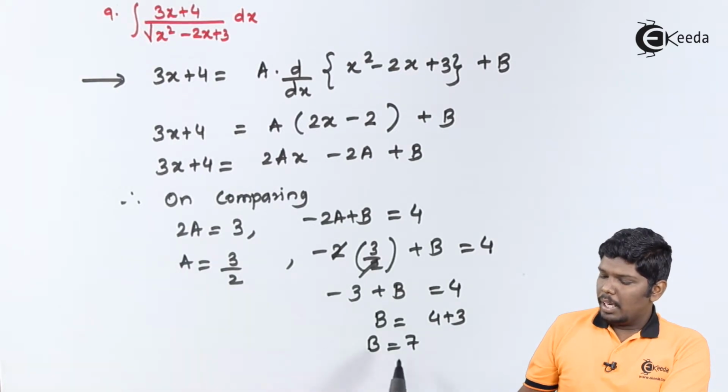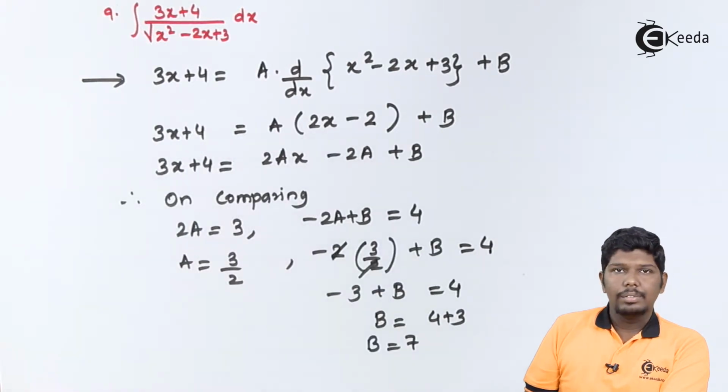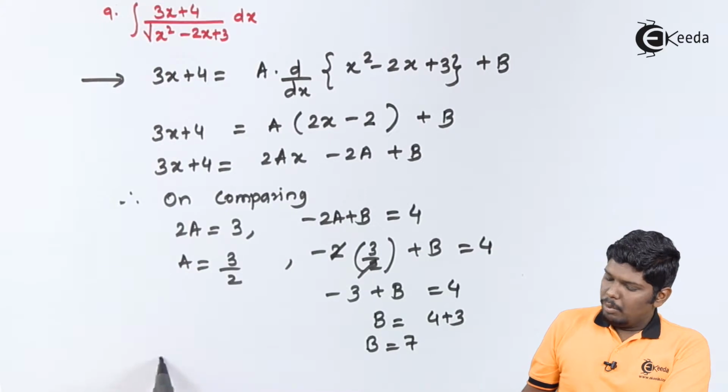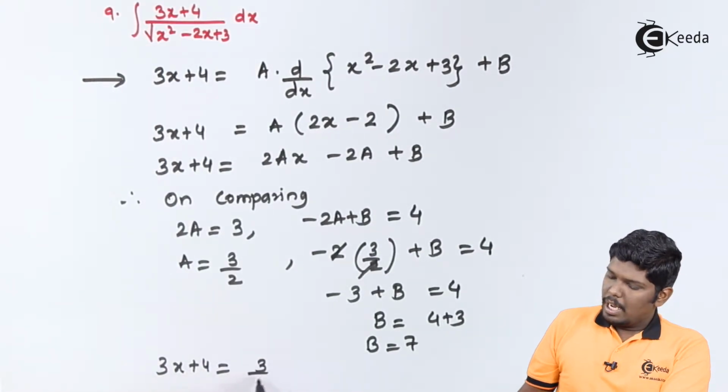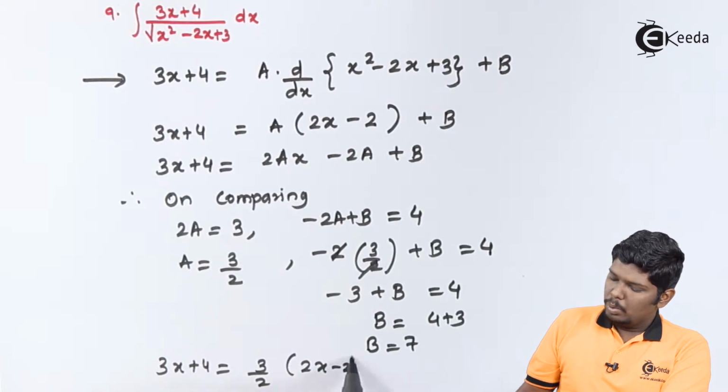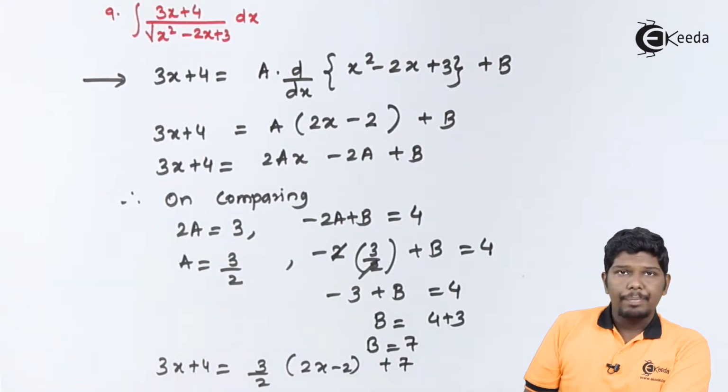Now let us substitute a and b in this equation. This will give you 3x plus 4 as 3 upon 2 into 2x minus 2 plus 7.